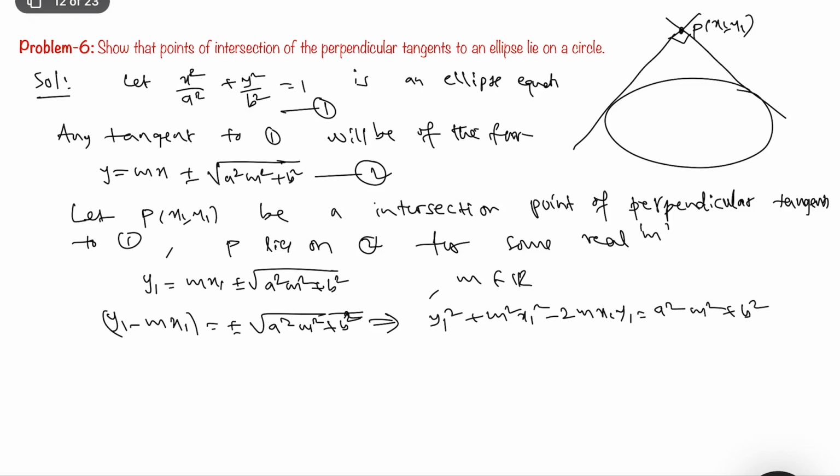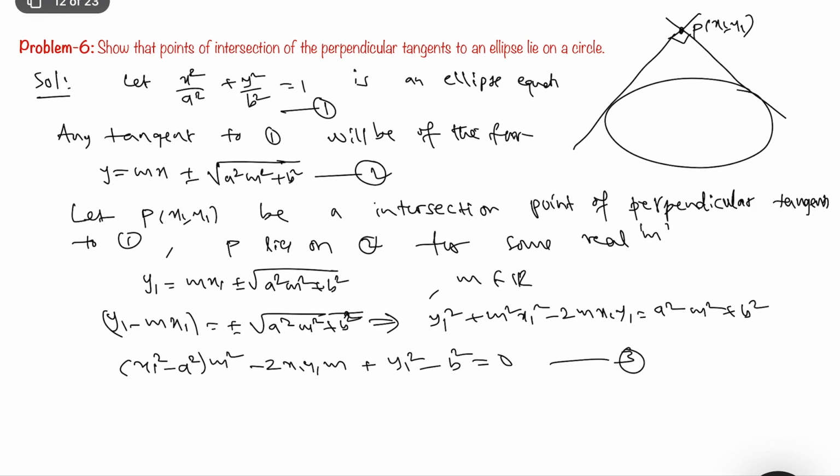Now I can write (x1 square minus a square) times m square minus 2 x1 y1 m plus (y1 square minus b square) equal to 0. Let me call it 3.